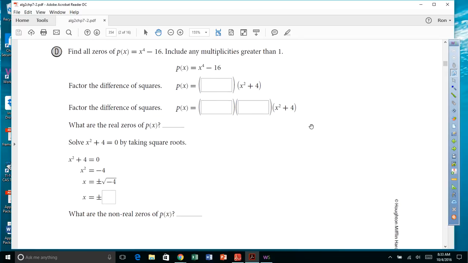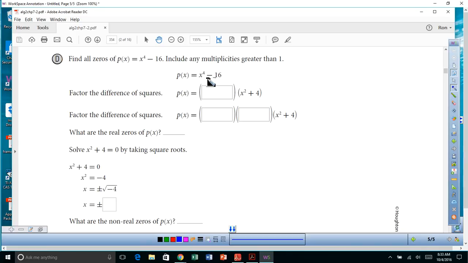Find all the zeros of p of x equals x to the 4th minus 16. I'm saying x squared squared minus 4 squared. The difference of perfect squares again, so you're going to get x squared minus 4 times x squared plus 4.